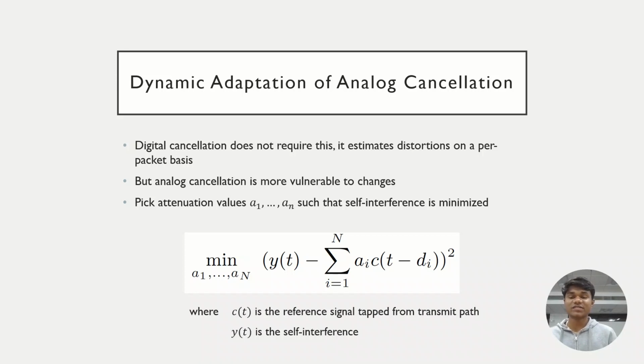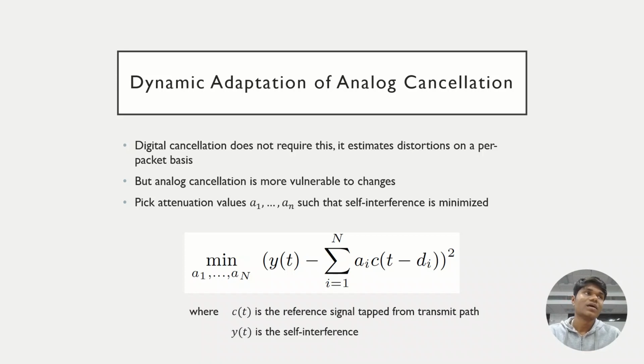Oh, you might ask, does this digital cancellation also require this adaptation? No, it does not, because it estimates the distortion on a per packet basis. As in, a packet comes, it evaluates the distortion and applies the cancellation thereafter. But that does not happen in the analog cancellation circuit. So it is vulnerable to changes.